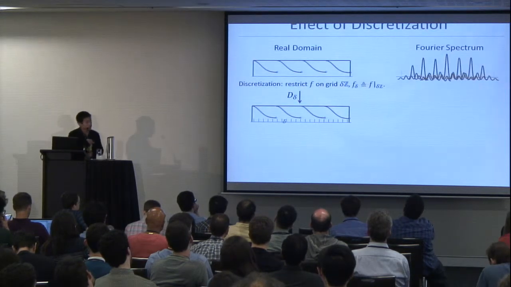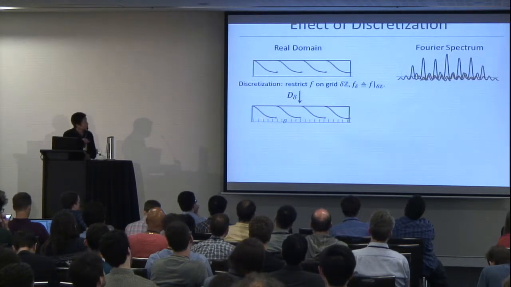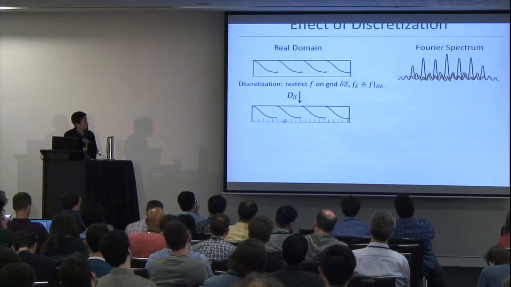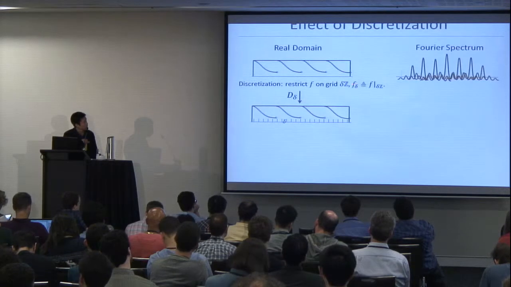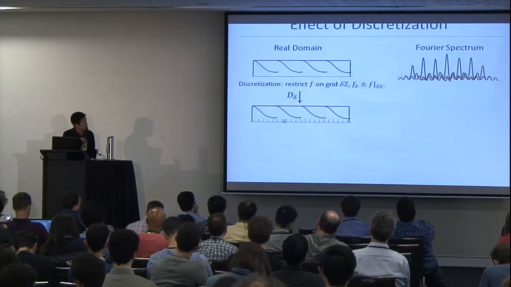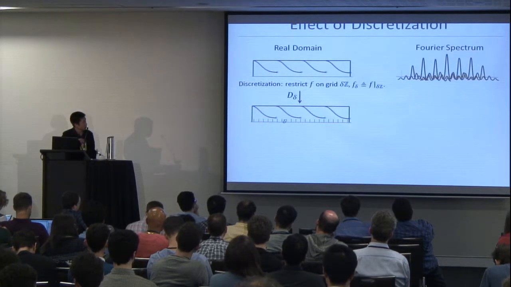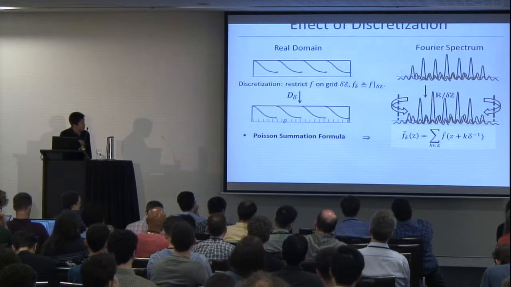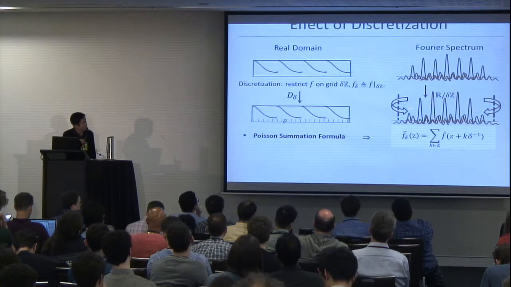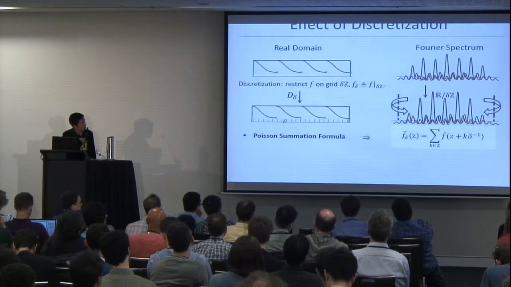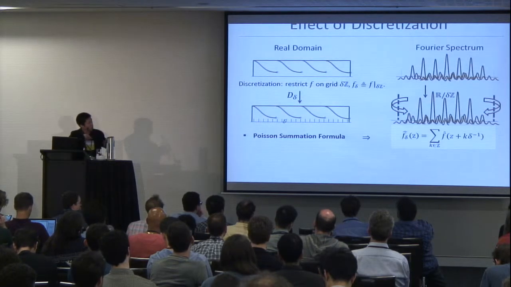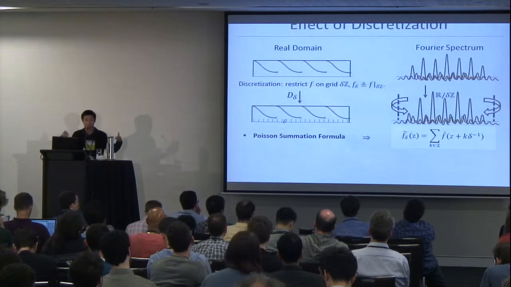Now, how about discretization? In formal language, we restrict f on the discrete grid delta Z. Namely, we get a function f delta which respects the original function f on those grid points, but is undefined elsewhere. By the Poisson summation formula, you can see that this causes the Fourier spectrum to wrap around a region of size 1 over delta.